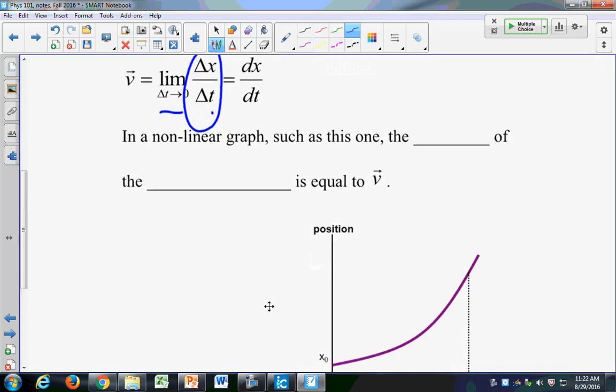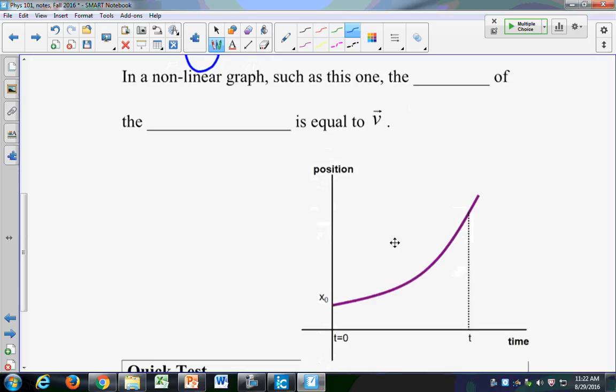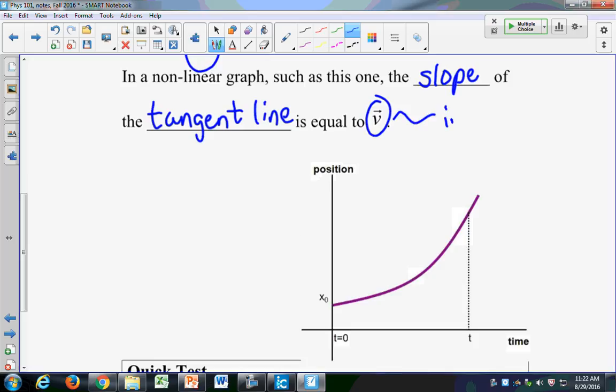Okay, so in a nonlinear graph such as this one right here, the slope of the tangent line is equal to the instantaneous velocity. So this is our instantaneous velocity.